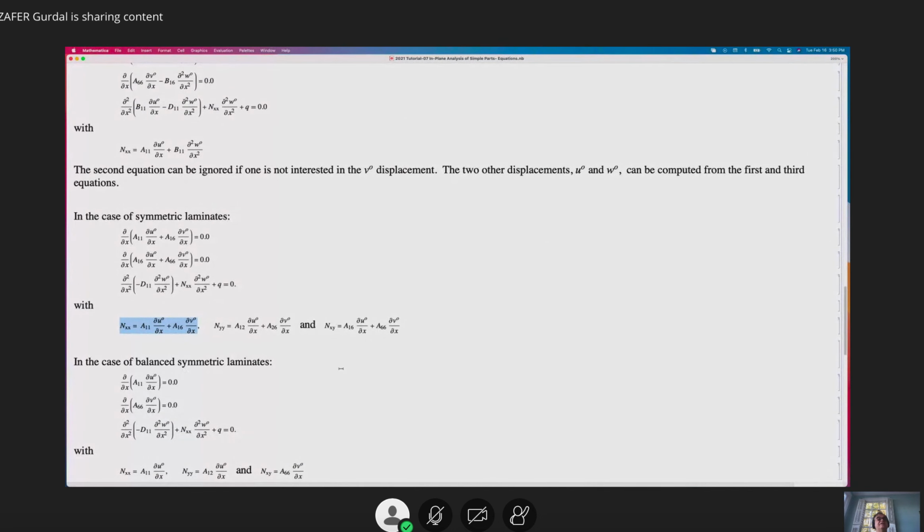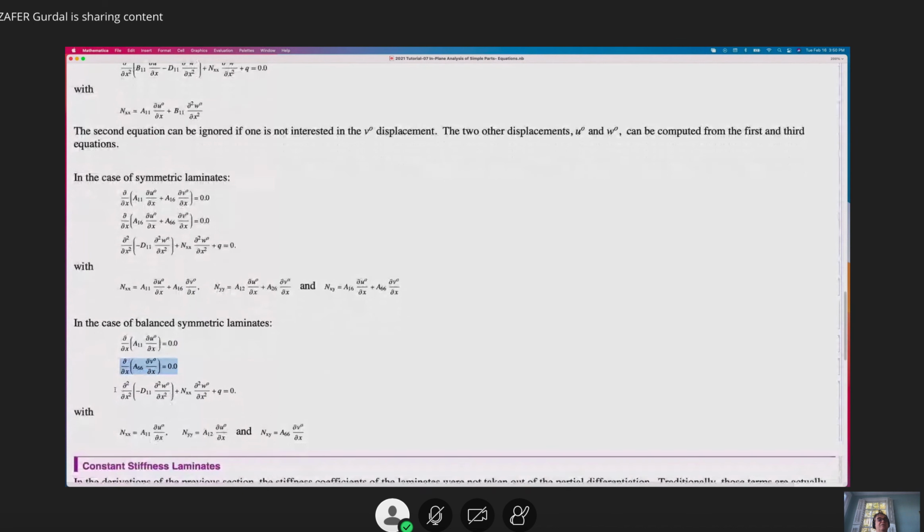So for balanced symmetric laminates, we get these with the third equation given in here, with Nx given with this term only. You see, Nx is actually a function of u0, and it comes into the bending equation here.